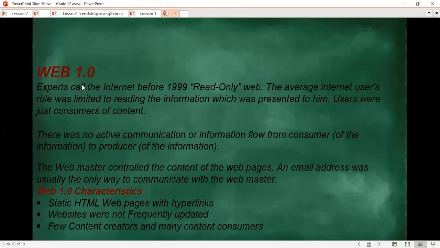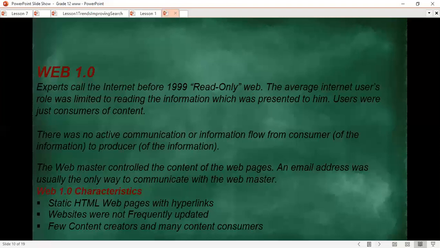Experts called the internet before 1999 the read-only web. Why would they call it that? Read-only web means that, unlike now, when the internet has upgraded and we can interact, you can write some content, for example in a wiki or on websites like a wiki, or you can do blogs.